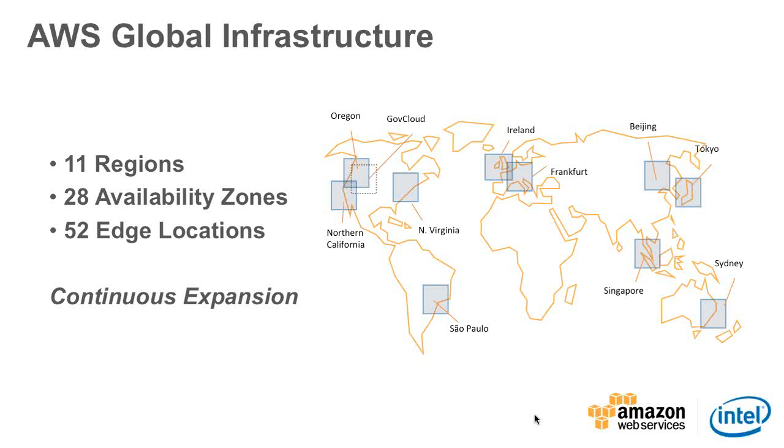Beyond that, we have about 52 different edge locations across the world that can also help to accelerate your web application delivery or your DNS resolution. And we keep on continuously expanding those regions across the world. One of the latest regions that we just opened up is the one in Frankfurt within Germany.